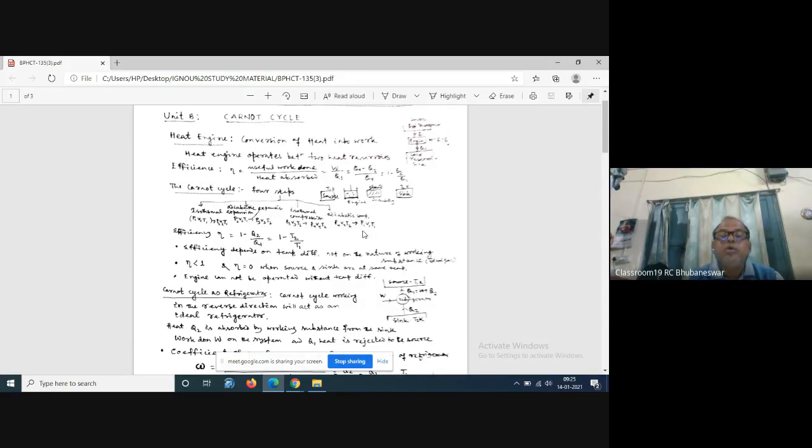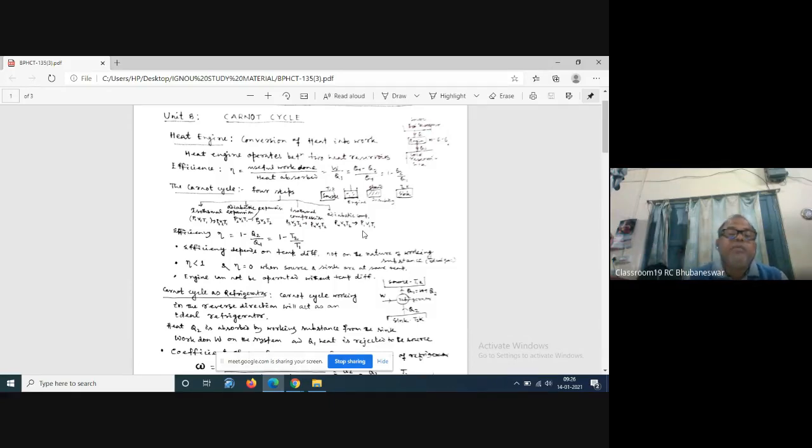So we slowly compress the piston so that the working substance, or system, will reach the initial state. That is why we say this is a Carnot reversible cycle.